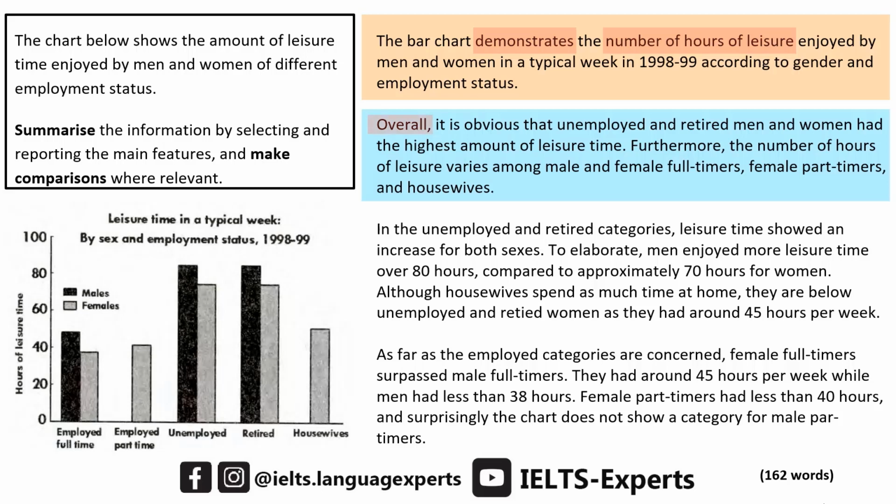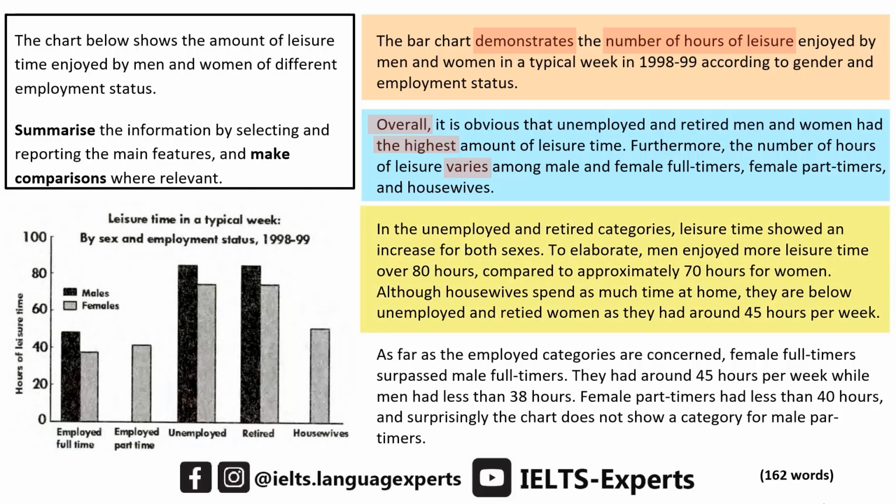Then I refer to the key feature of the highest amount of leisure time between the two categories of unemployed and retired men and women, and I also refer to some changes using the verb varies. And as you can see, it's in general. I'm referring to the key features, no details yet. The details will start in body paragraph 1.